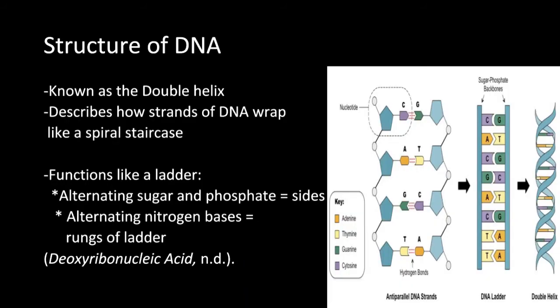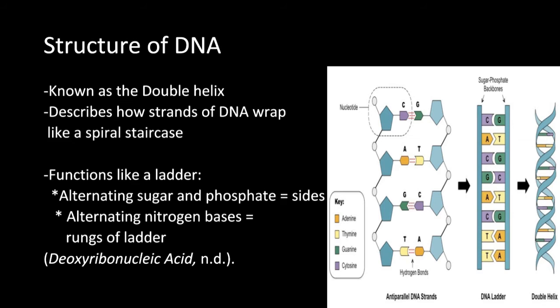So the structure of DNA is known as a double helix, which describes how strands of DNA are wrapped like a spiral staircase. It functions like an information ladder, with alternating sugar and phosphate sides. The phosphate is the backbone which holds together the nitrogenous base and the sugar, the five-sided sugar ring.